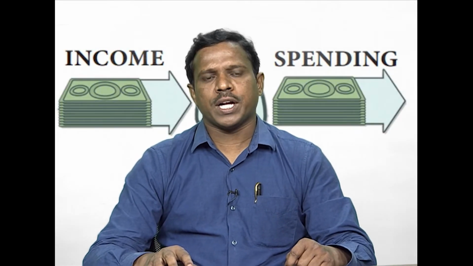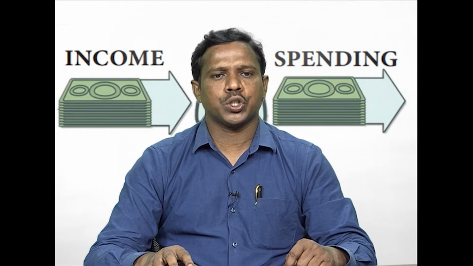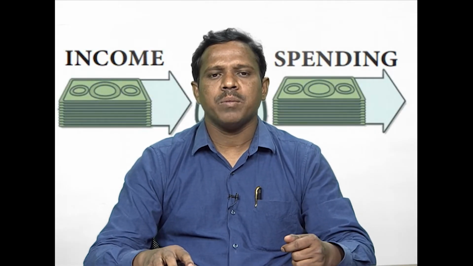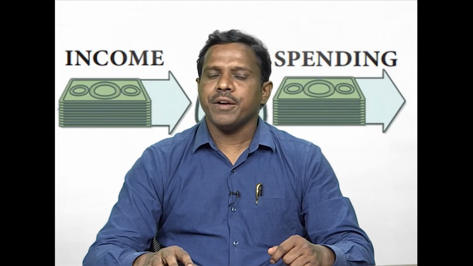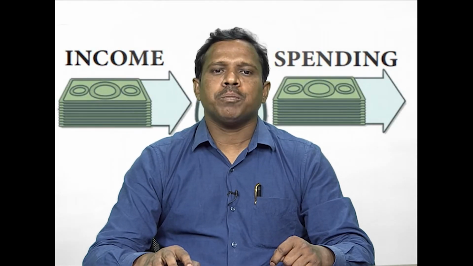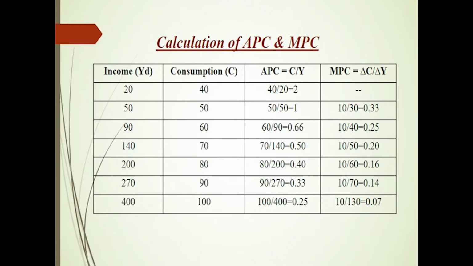When we calculate the average propensity to consume and marginal propensity to consume over a period of time while income levels increase, for example, disposable income: if income is 20 rupees, consumption is 40 rupees, because autonomous consumption is added, since even at income 0, consumption is positive.